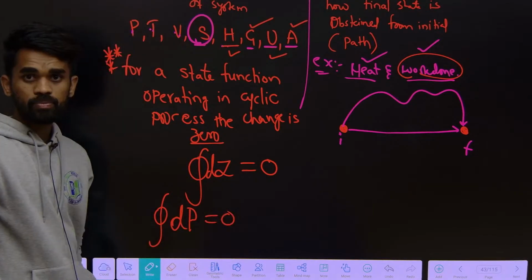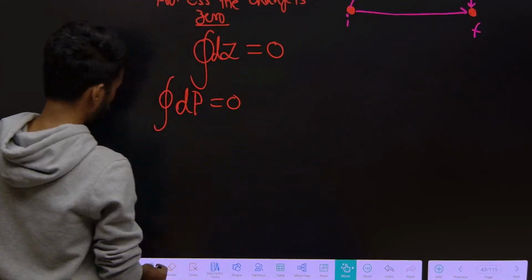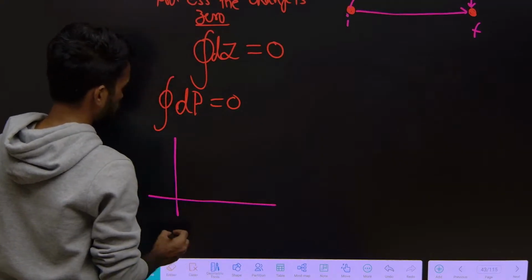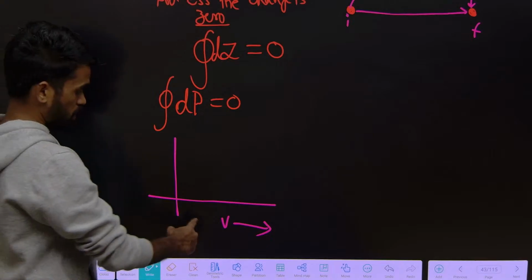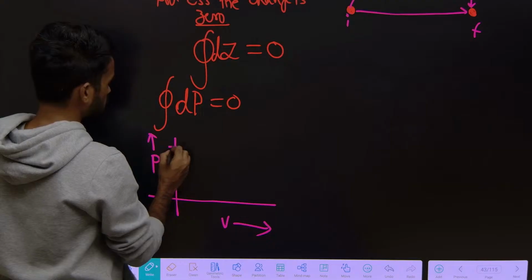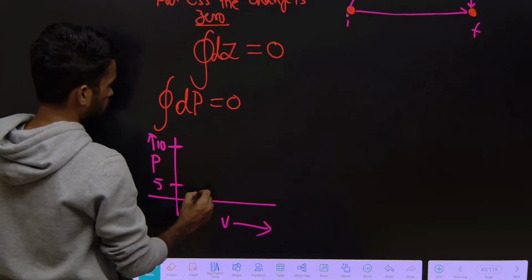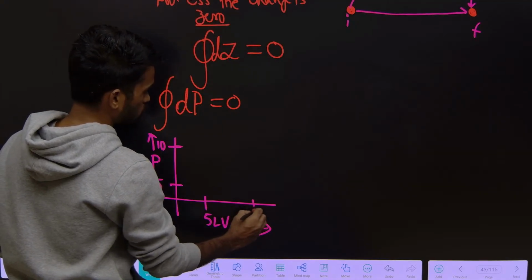For more clarity, if I am doing work on this pressure-volume diagram, say this is 10 atm pressure, this is 5 atm pressure, and this is 5 liters of volume, this is 10 liters of volume.